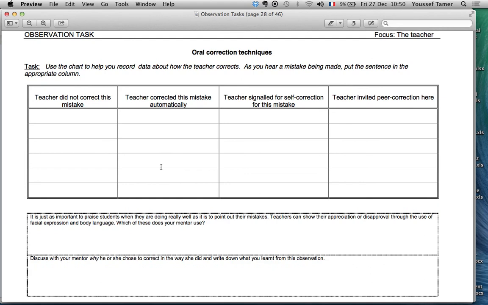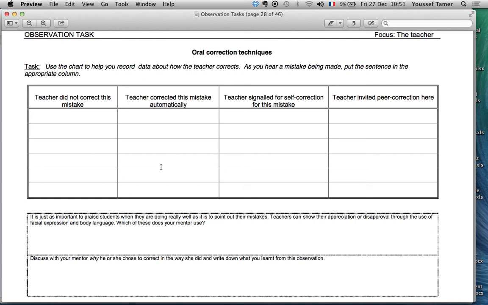So, oral correction techniques. Please, we continue. Use the chart to help you record data about how the teacher corrects. As you hear a mistake being made, put the sentence in the appropriate column.